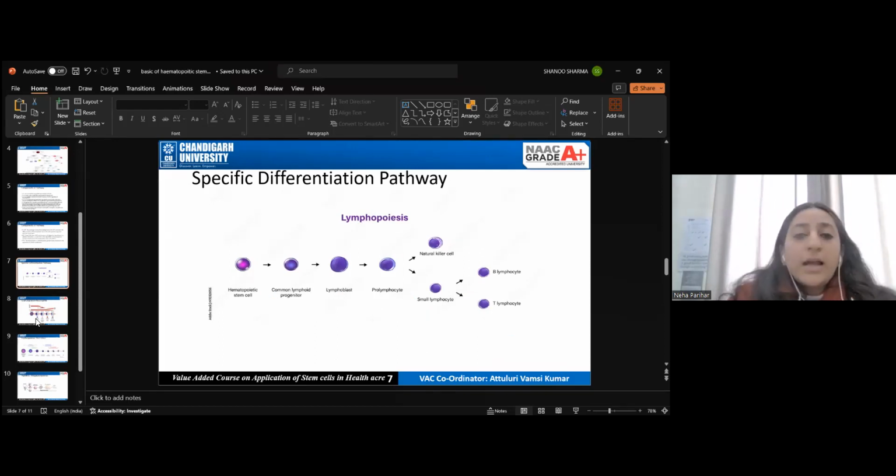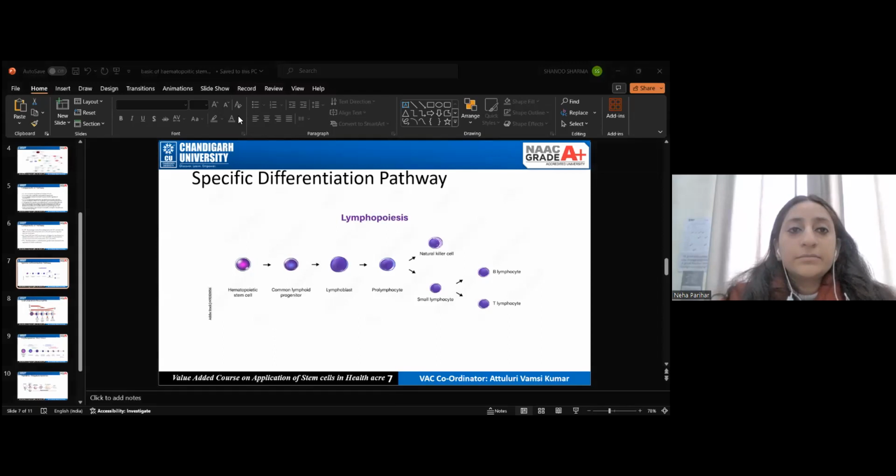Okay, so as in this picture, in the lymphoid series there are 3 pathways that start. In this lymphoid series, when the progenitor cells are formed from hematopoietic stem cells, interleukin 7 helps in the formation of the lymphoid progenitor.